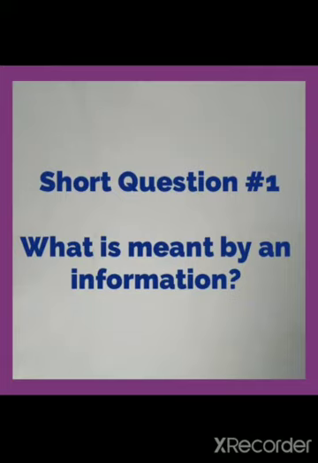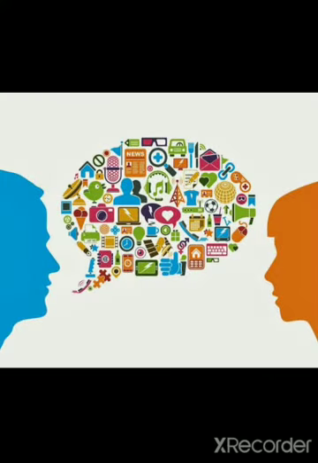These are the ways, or you will study a pamphlet. There are pamphlets about institutes as well. So if you study that pamphlet, you will know so many things about your school. So this was just an example for information, that how can we get information and what information actually is. So I hope you have understood information very well, right? Okay, girls. Now let's move towards our next question.